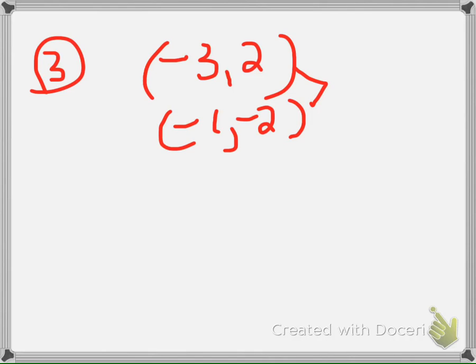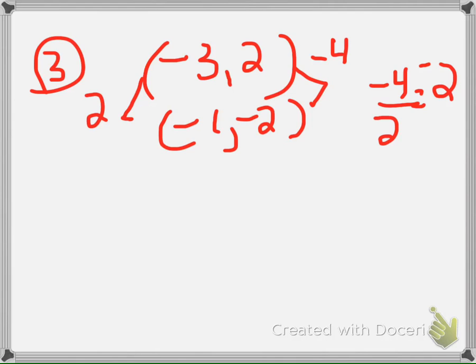Okay, from 2 to -2 is -4. From -3 to -1 is +2. Change in y over change in x. And when you divide that, you get -2.